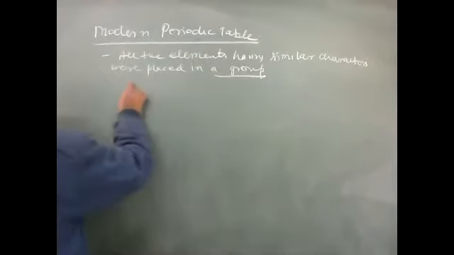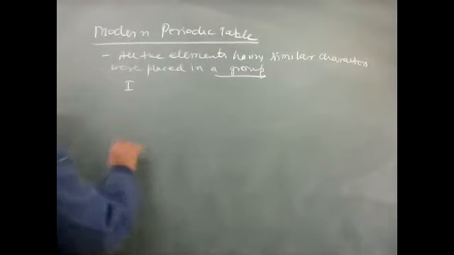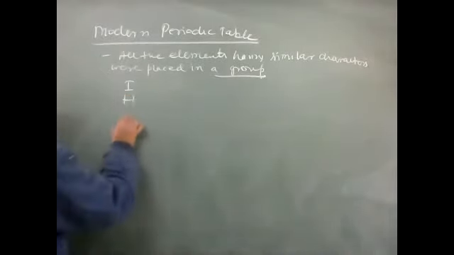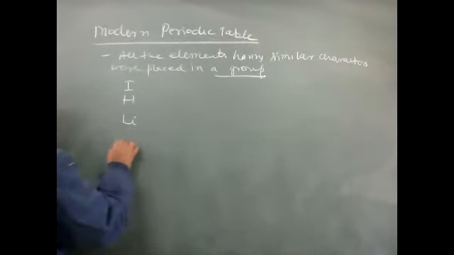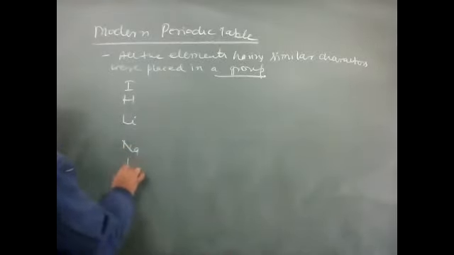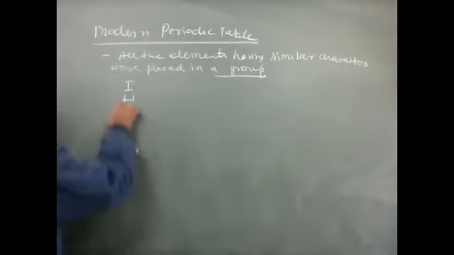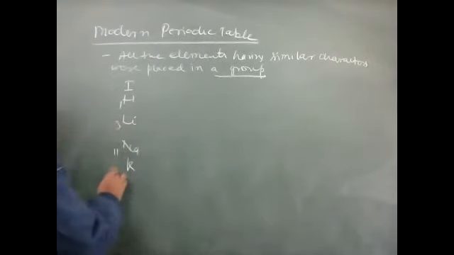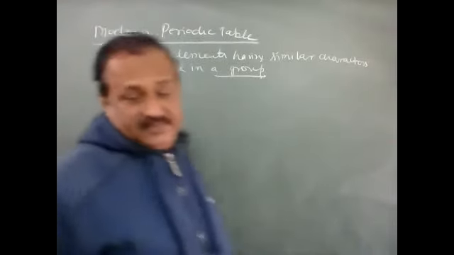Like see, in the first group there is hydrogen, then lithium, then sodium, then potassium. So 1, 3, 11, 19. All were arranged like this.